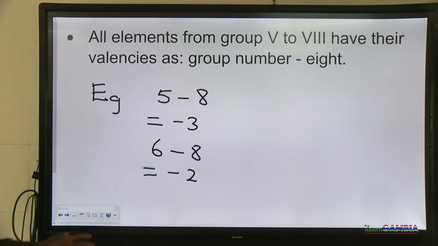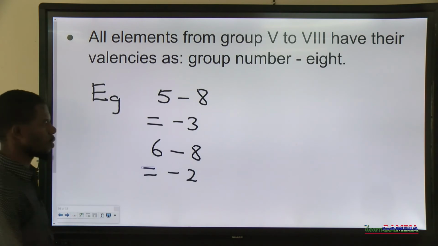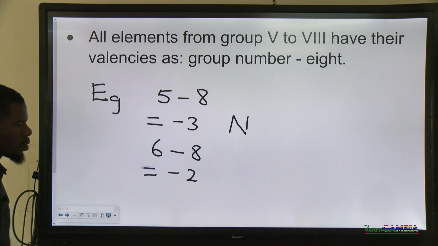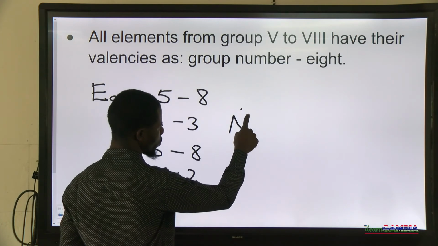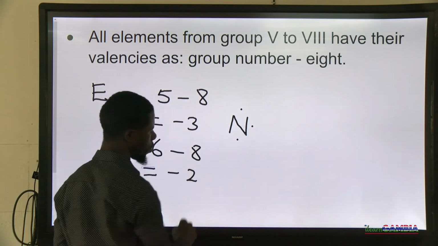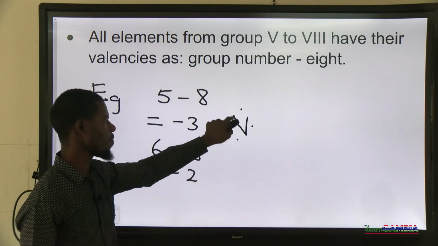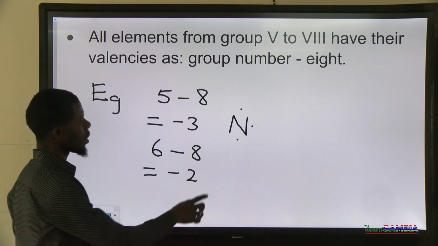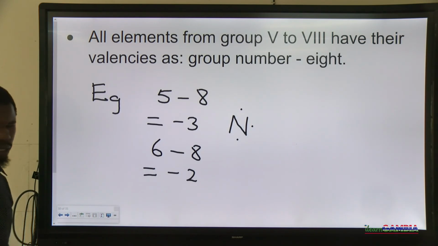Minus 2. Looking at these examples, they are realistic in the sense that, for instance, nitrogen, which is the first element in group 5, needs 3 extra electrons to fulfill the octet rule. Looking at nitrogen in group 5, it has 5 electrons already in its valence shell, and now it needs only 3 electrons to behave like the nearest noble gas.